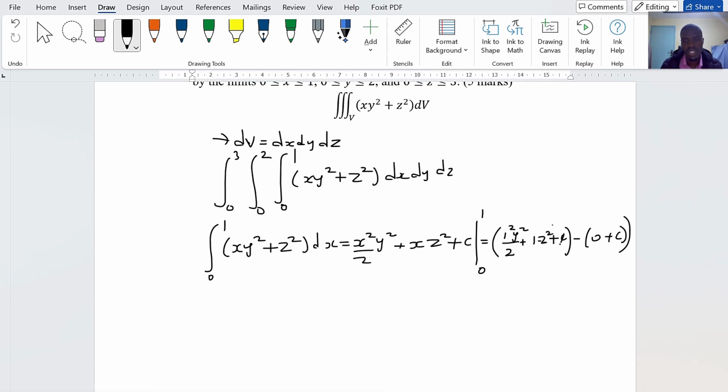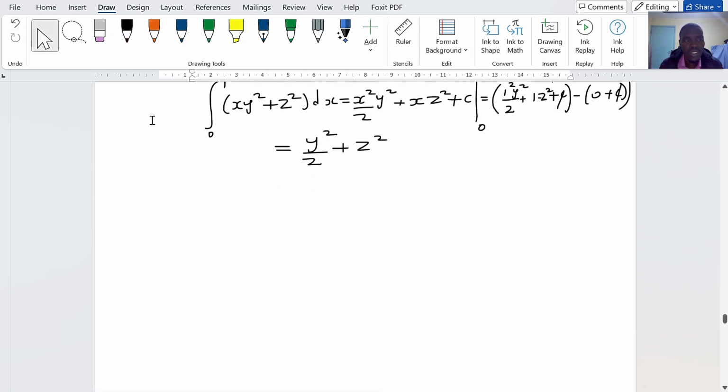Now c cancels again here, and we are going to have our solution as y squared over 2 plus z squared. Good. We move on.